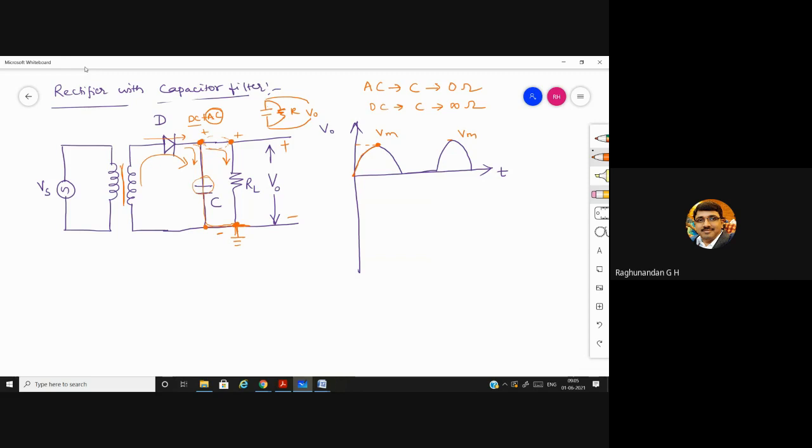Now we already know the capacitor has reached the peak value of the voltage. I'll call this junction node A. We can call it a node or a junction, both are the same, A and B. Is node A at higher potential, or is the capacitor at higher potential? I'm talking about this point here.